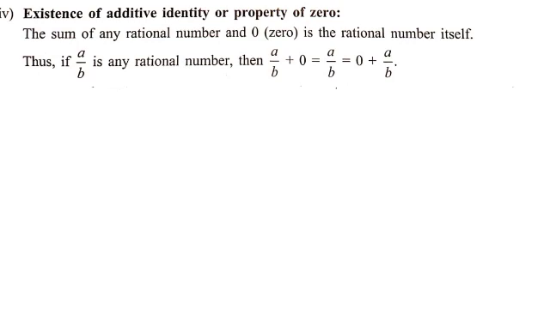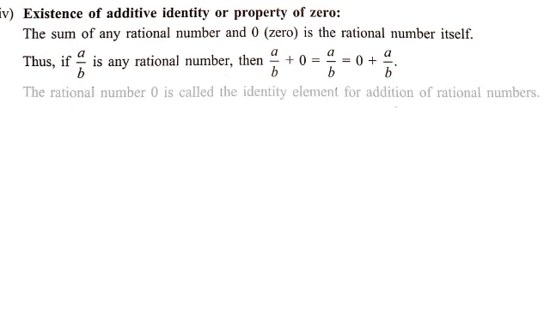For example, if I add 3 by 4 with 0, 3 by 4 plus 0 is equal to 3 by 4. And if I add 0 plus 3 by 4, it also gives the same answer, 3 by 4. This is the property of 0.